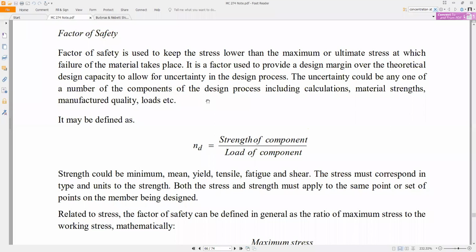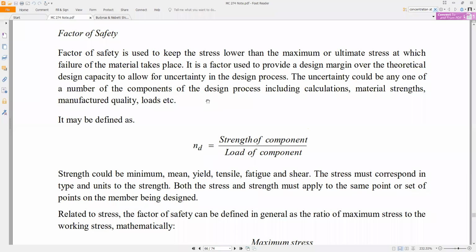If you allow that safe room or safe margin, that may help you in that area. And then also the material strengths. You may say that this material has this strength or that strength, but in determining the strength, maybe there were certain things that were not done very well. The safe margin will save you.